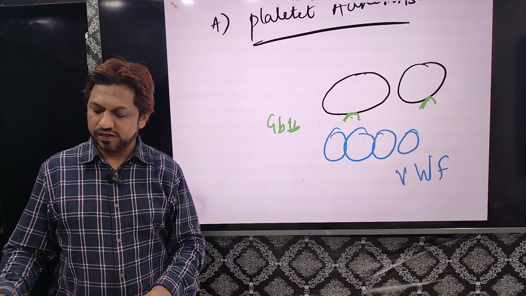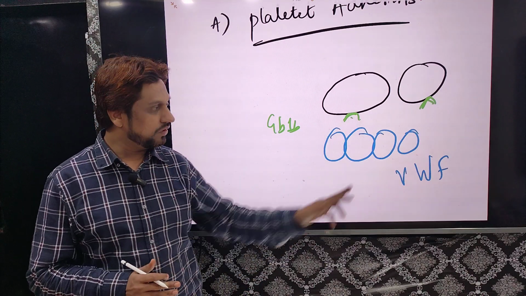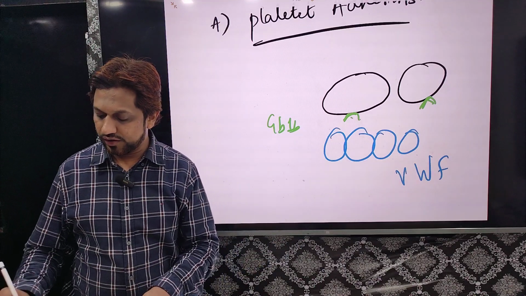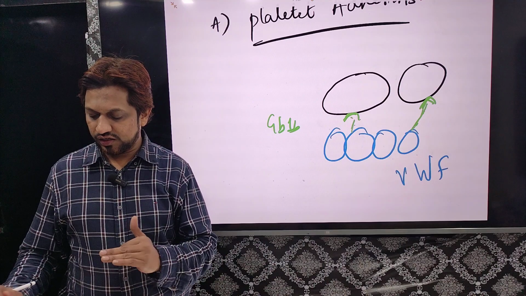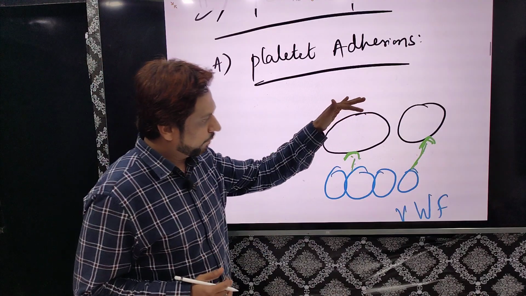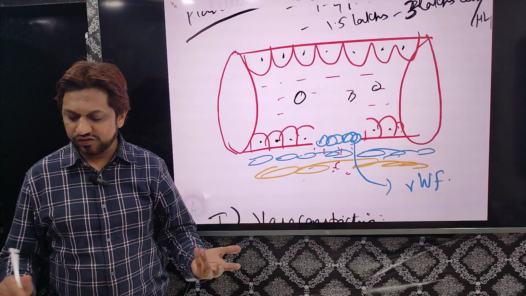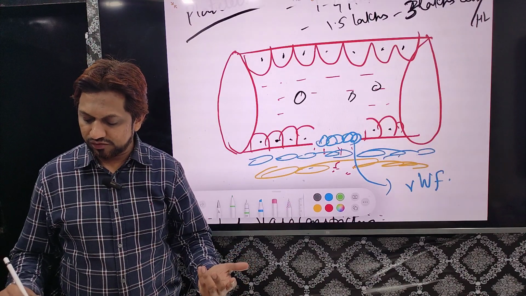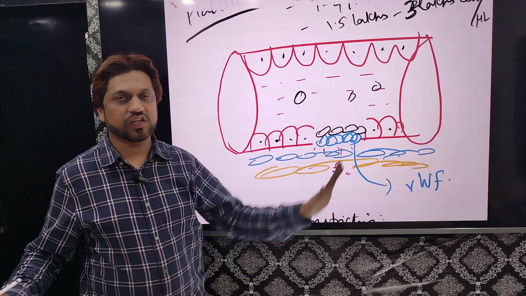These glycoproteins do not bind to the healthy endothelium, but in the damaged endothelium where there is von Willebrand factor, they go and stick here. This process of sticking of the platelets to von Willebrand factor or the collagen is known simply as platelet adhesion.